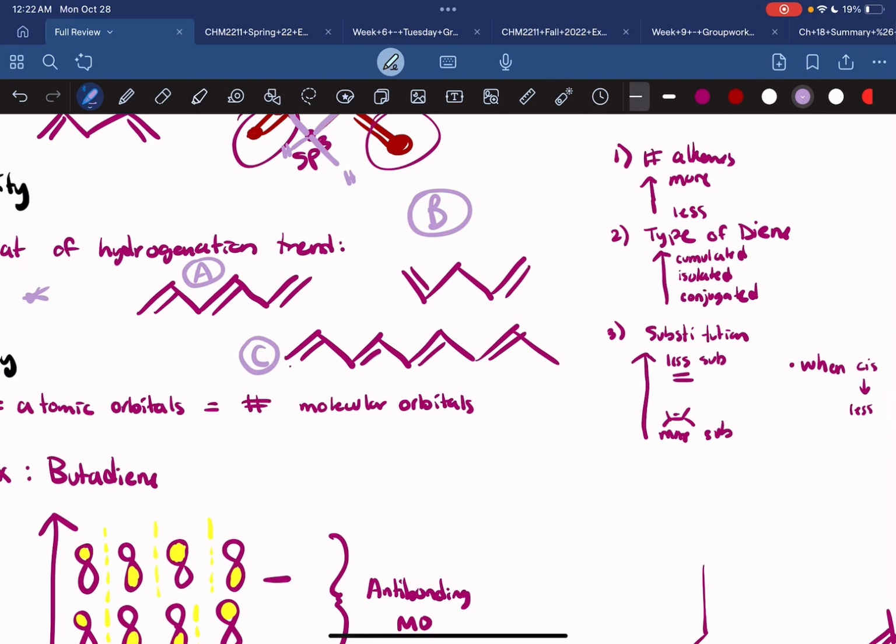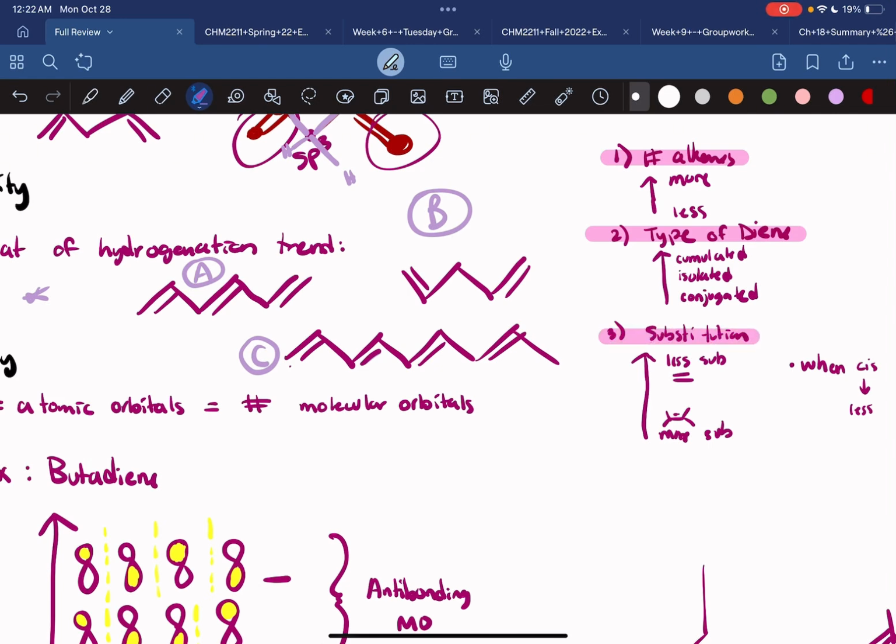If you're being asked to rank the compounds in regards to heat of hydrogenation, the way you would approach this problem is, first you have to look at the number of alkenes. When you have two compounds that have the same number of alkenes, then you will look at the type of diene. And if you have two compounds with the same type of diene, then you will compare the substitution of each.